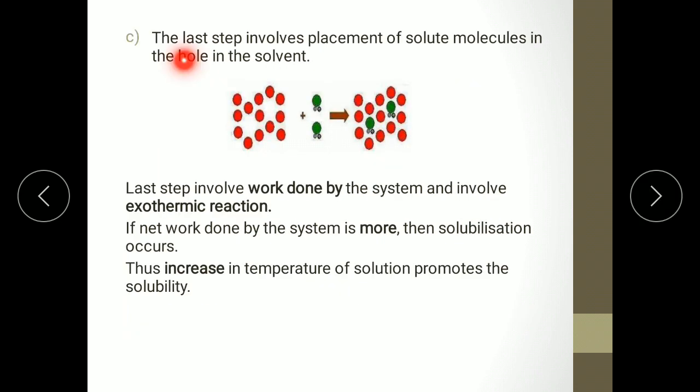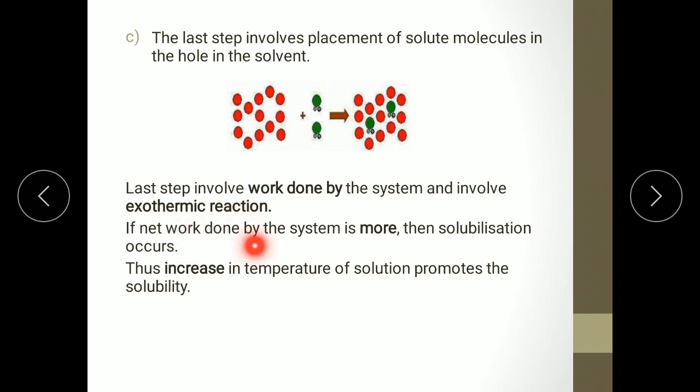Now next, in the third step, what happens? The placement of solute molecules in the holes of the solvent. In the holes and cavities, the solute is captured. This last step involves work done by the system and involves exothermic reactions, means here energy will be released.